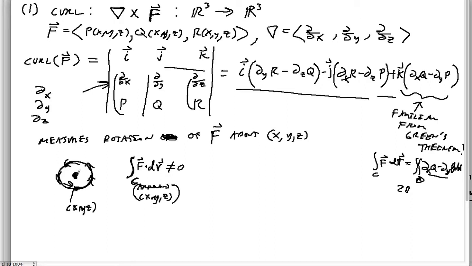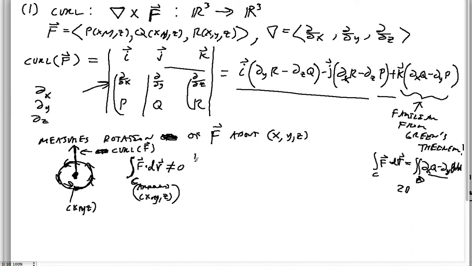And so a good way to represent that is with a vector coming perpendicular to the path that we've taken. That will be what we define to be the curl of f.